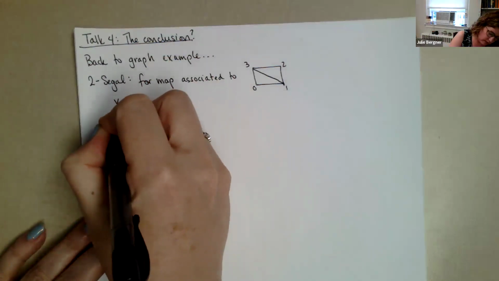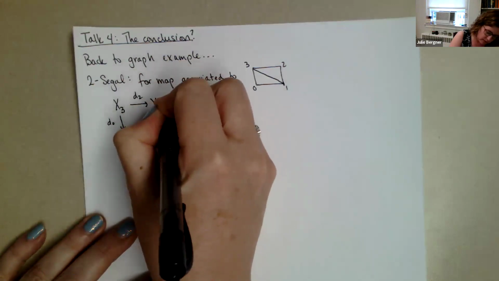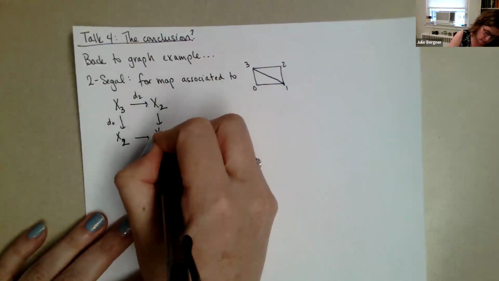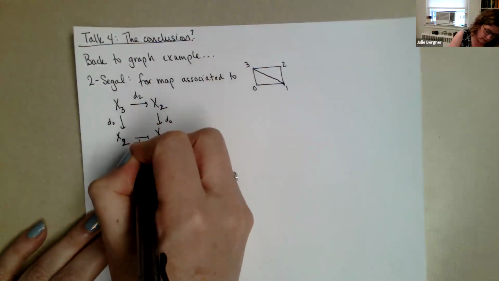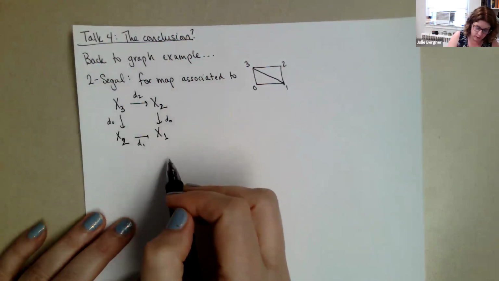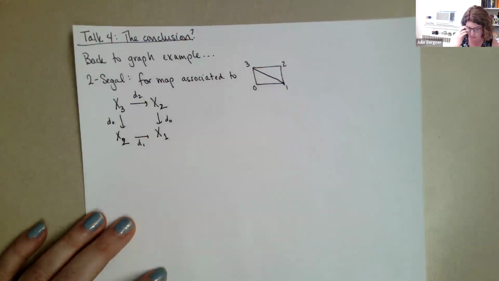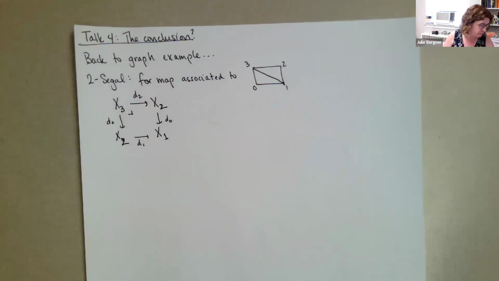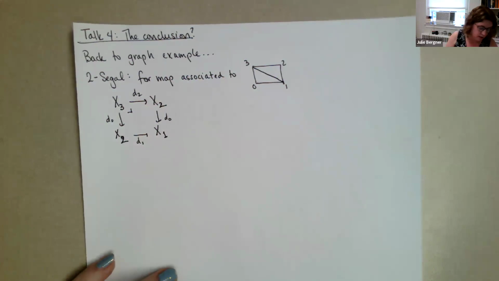So I have D0 and D2, and these are both maps to X2. Then the shared 1 simplex between them, this map is D0 and this map is D1. In order for the desired map to be a weak equivalence, we would need this to be a pullback, a strict pullback in this case since everything's discrete.